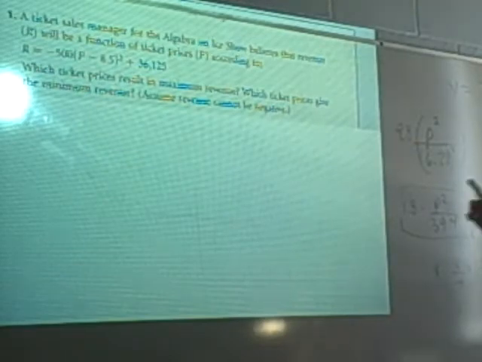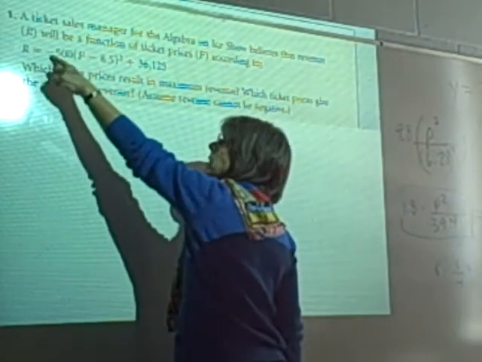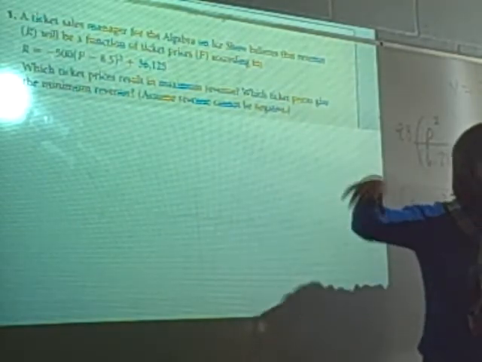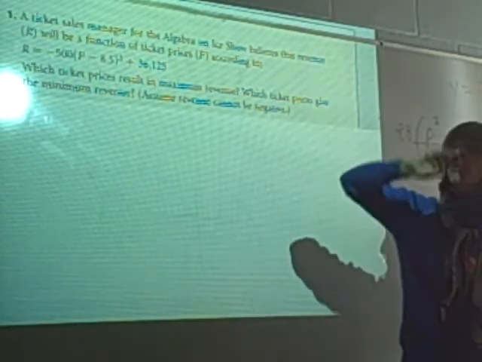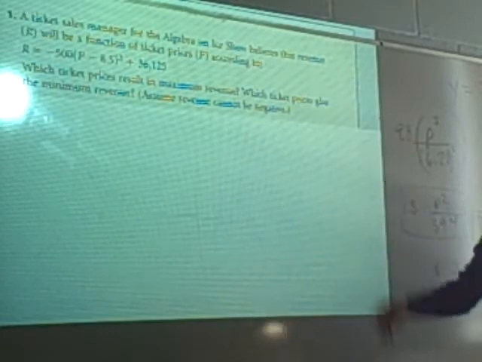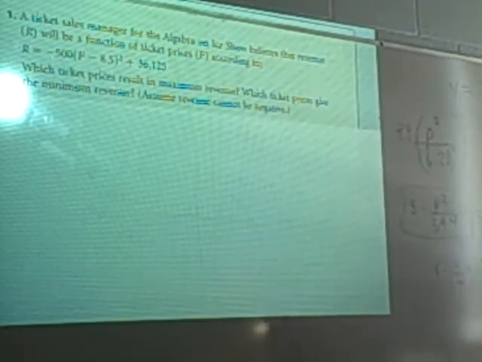So, does it make sense that we're going to have a maximum if my graph is a negative? Yes. Because I know that it's going to be facing downward, there will be a maximum. Which ticket prices give the maximum revenue? Can you tell by looking at that equation where the vertex is? Where is my HK, Stephen?